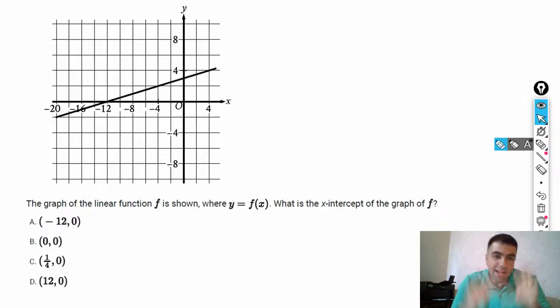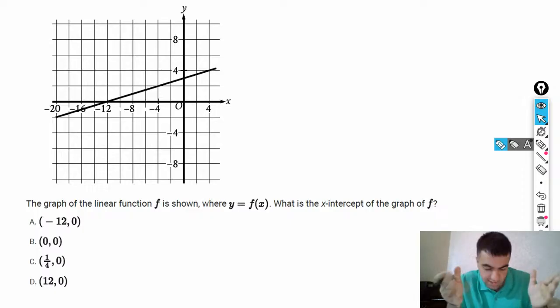Did you understand what is asked in this question? We are asked to find the x-intercept of the graph of f. You know what x-intercept is?